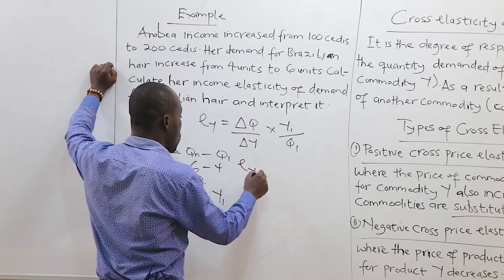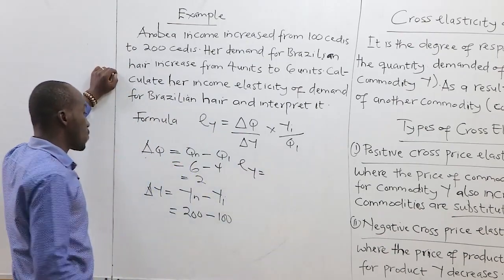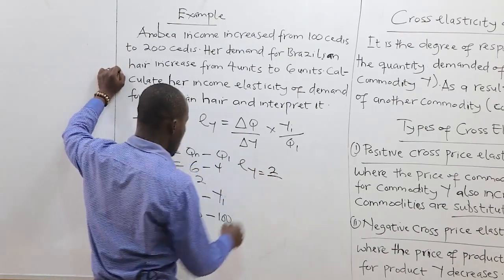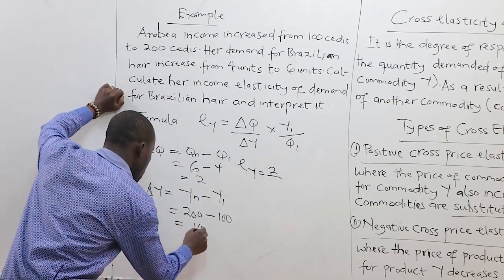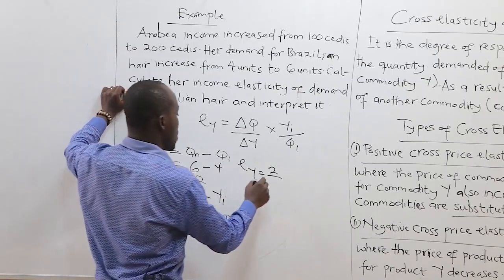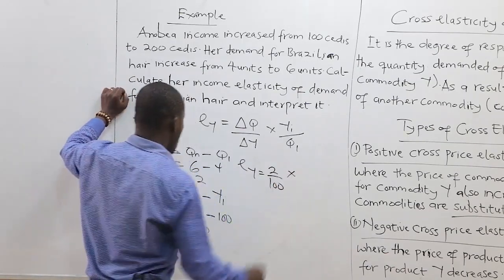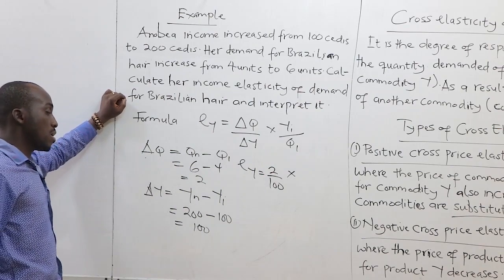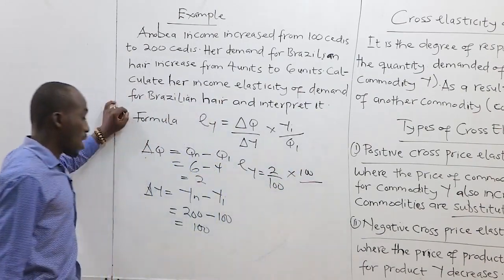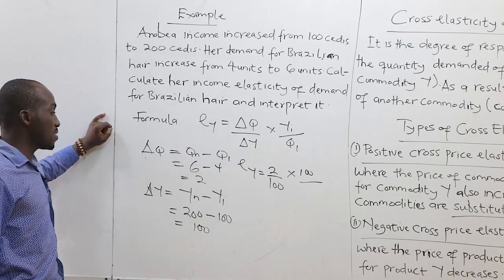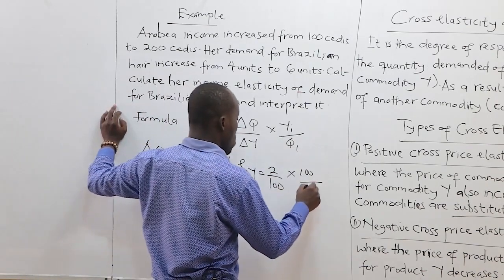A very simple example. Change in Q is what? 2. Change in Y is 100. What about the initial income? 100. What about the initial quantity? 4.